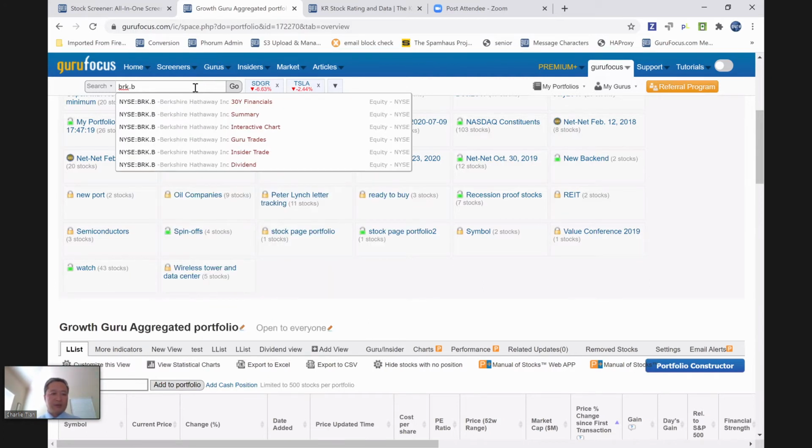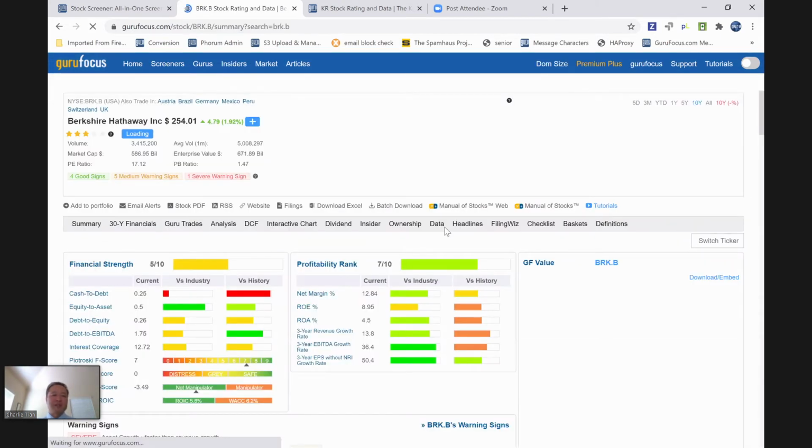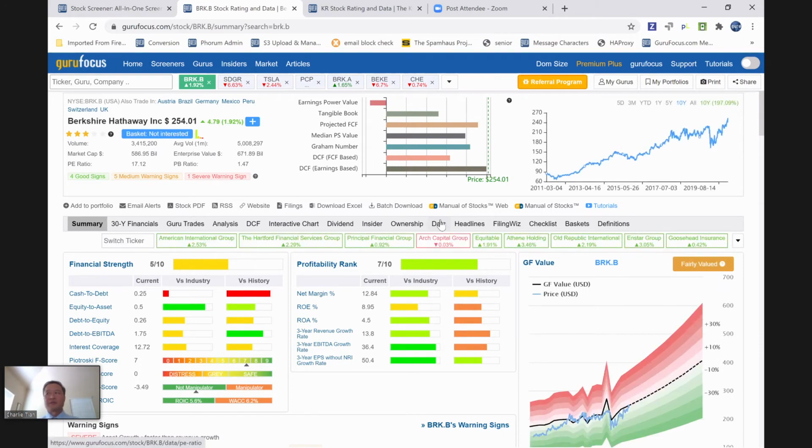So that's why I want to point out the valuation of Berkshire Hathaway. I think that Berkshire is fairly valued or even kind of undervalued at this point. I personally have been buying Berkshire Hathaway over the past few weeks. If you look at the PE ratio, Berkshire's PE ratio is only 17.